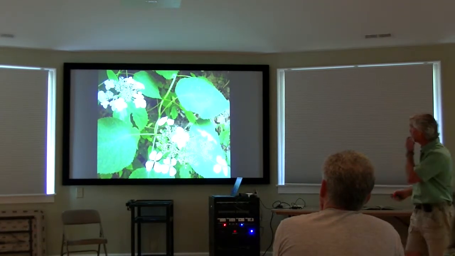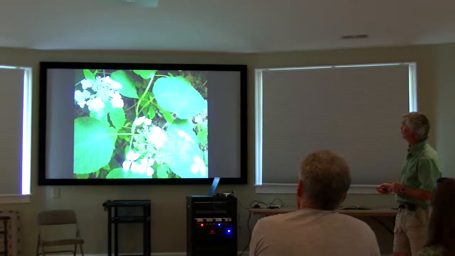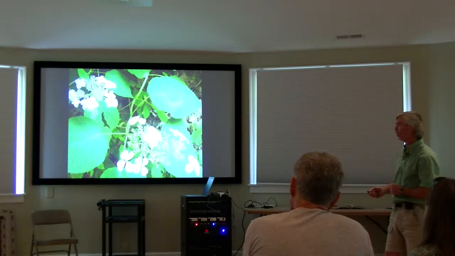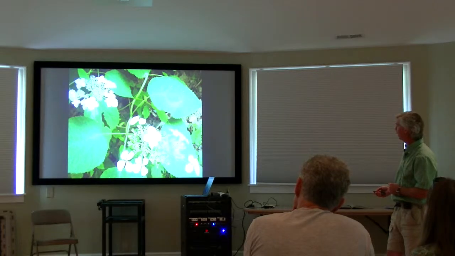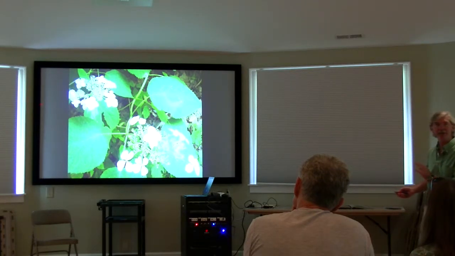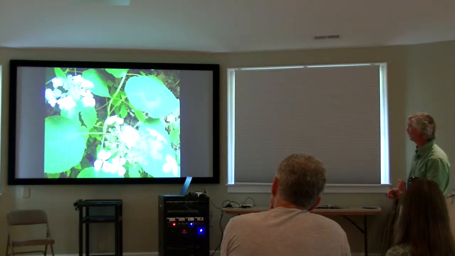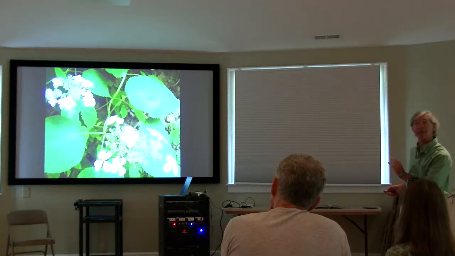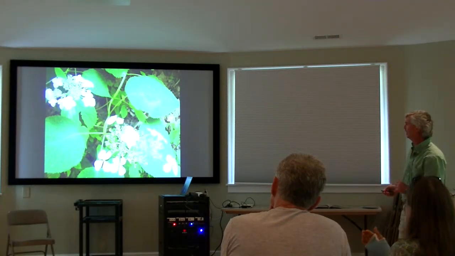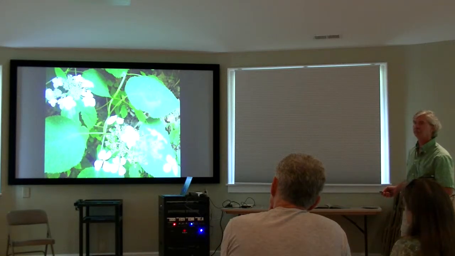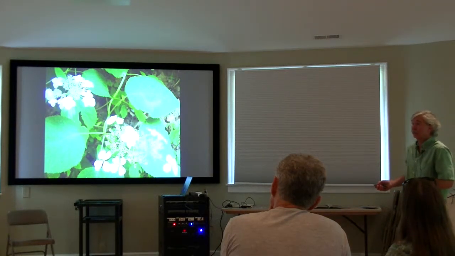There's another example. This is one of my favorite plants. This is one of our native hydrangeas. This is called snowy hydrangea or white hydrangea, Hydrangea radiata. And this plant goes a little further. Not only does it have white flowers, it produces these huge white petals so it can be seen, and that's all that does, is for attraction. They're infertile. They don't have the reproductive structures.